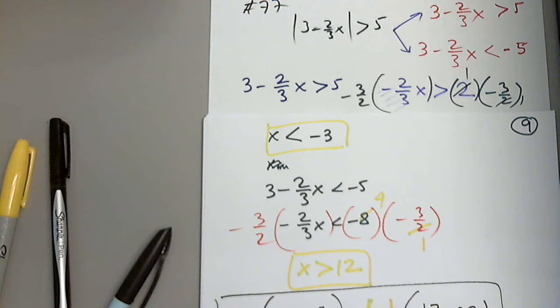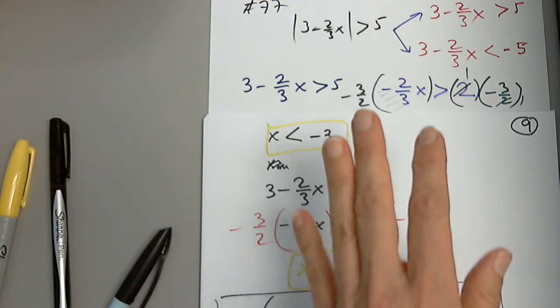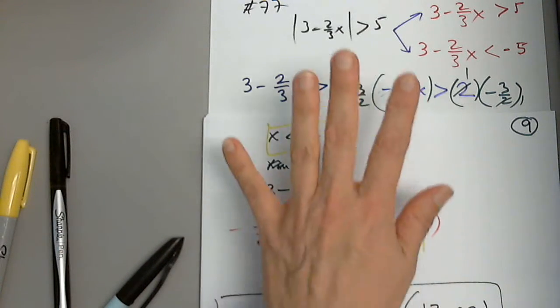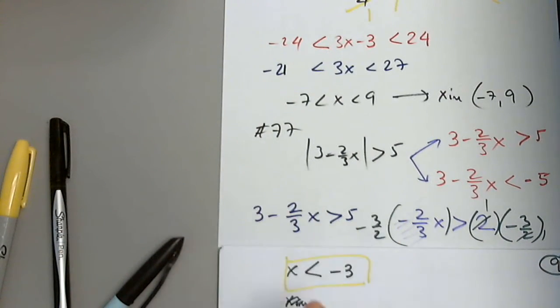Yes, please. So when you subtract 3 from 5, you get 2, and we're supposed to multiply by negative 3. Which one are we looking at? The first one or the second one? The one that is greater than. So this one here? Yeah. Okay. So you subtracted 3? Yeah, and then you got 2. Yes.